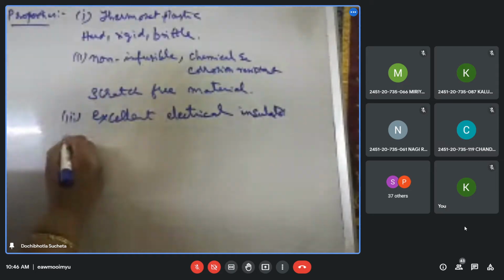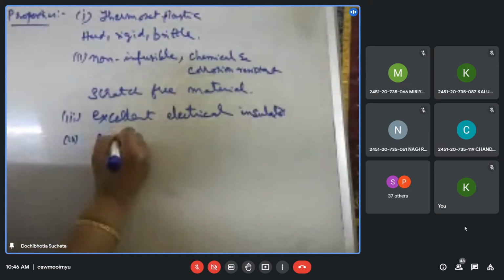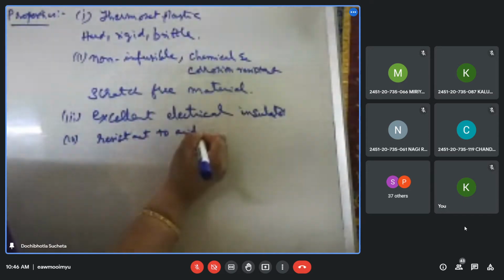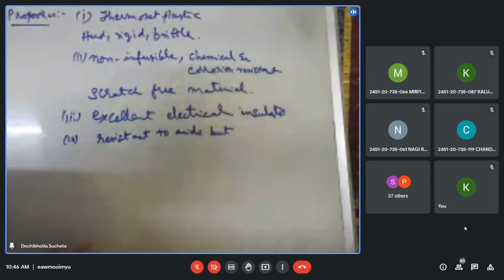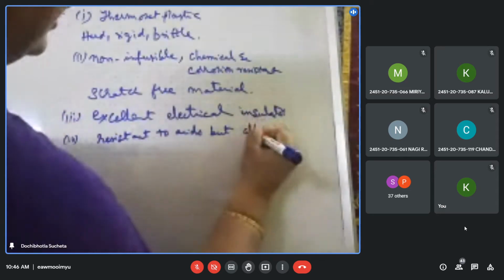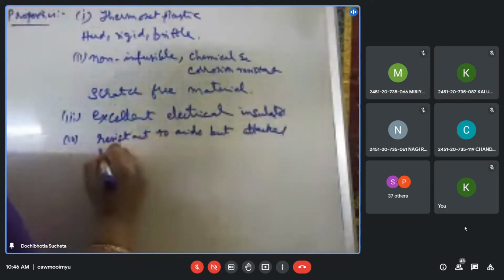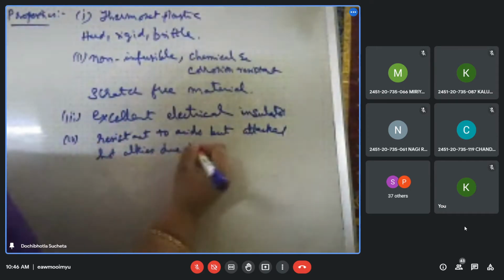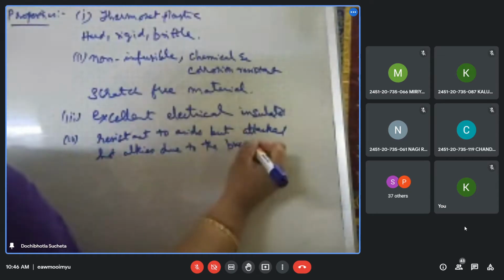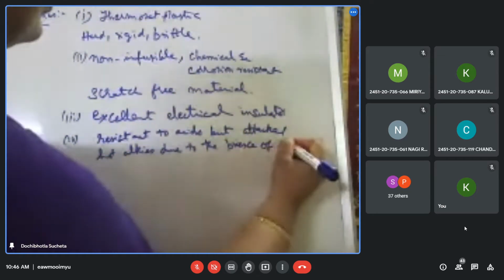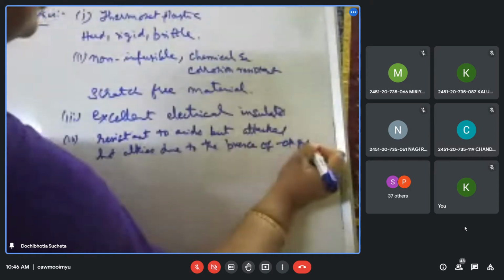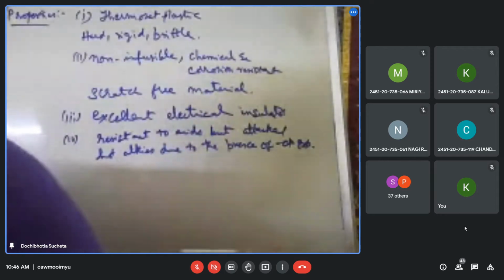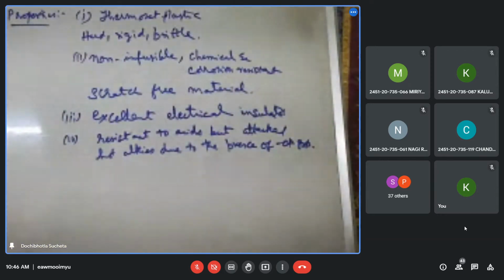Next, resistant to acids but attacked by hot alkalis, due to the presence of OH group. Okay, these are the important properties.